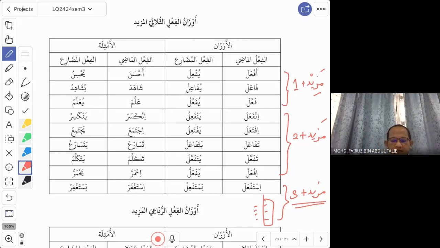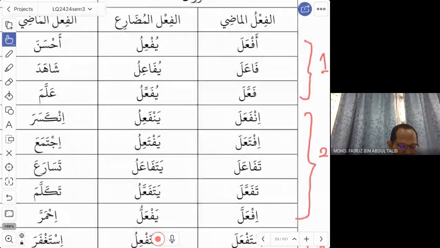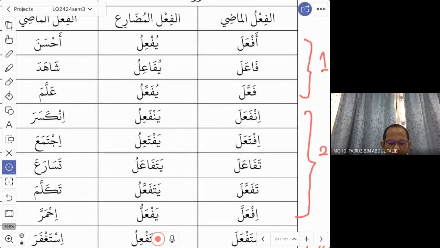Now, the wazan for the first one is the wazan af'ala. And remember, this is for fi'il madi. Af'ala with alif in the beginning. When the fi'il madi is af'ala, the mudari is yuf'ilu. Okay, again, af'ala yuf'ilu.